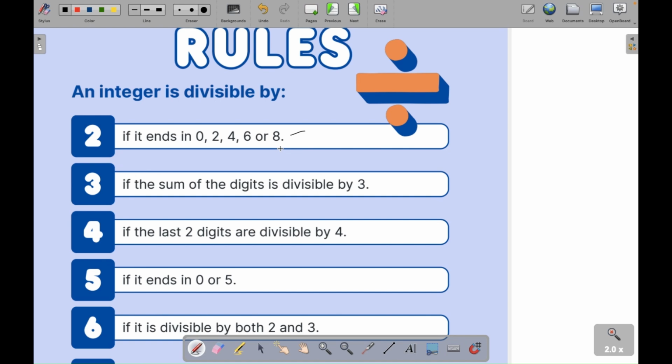So we look at the unit digit. An integer is divisible by 3 if the sum of the digits is divisible by 3. An integer is divisible by 4 if the last two digits are divisible by 4. An integer is divisible by 5 if it ends in either 0 or 5. Right?